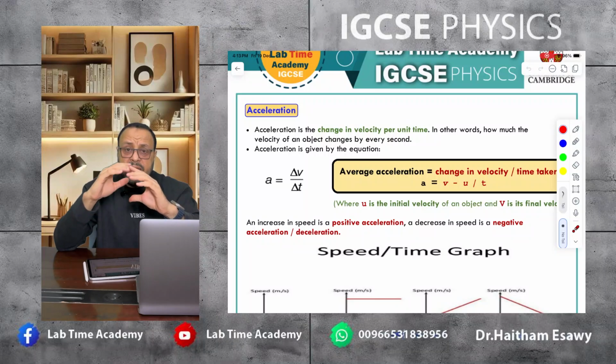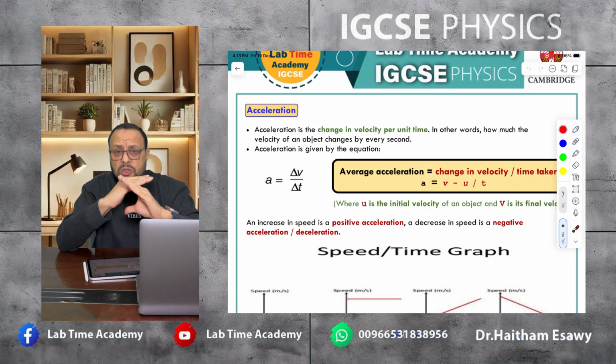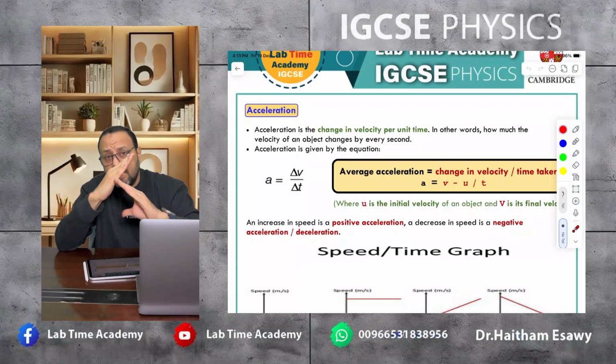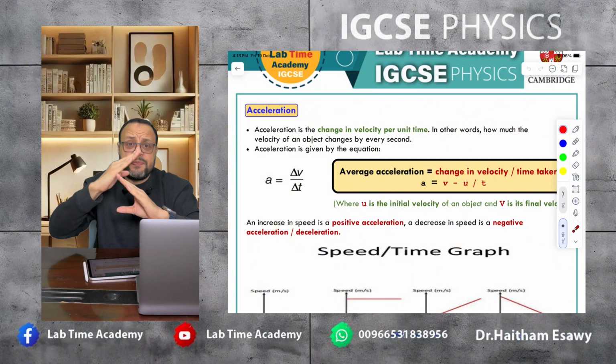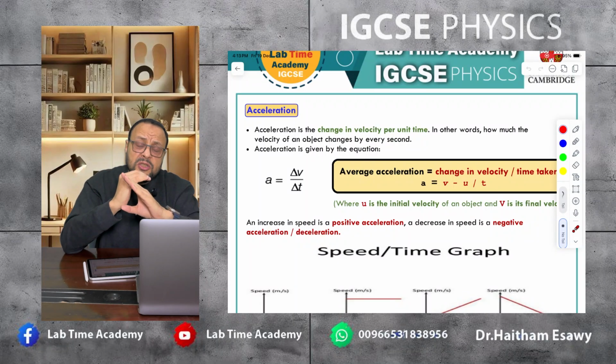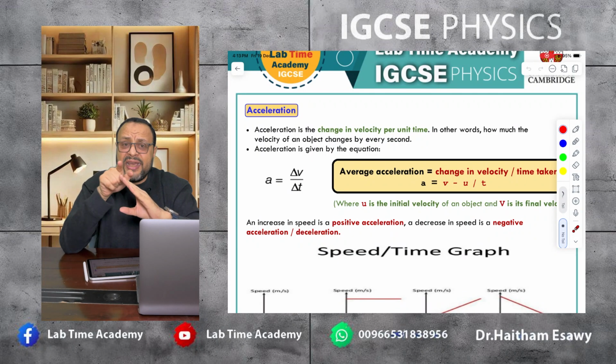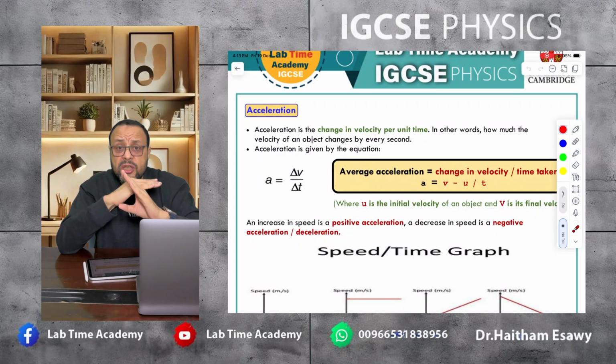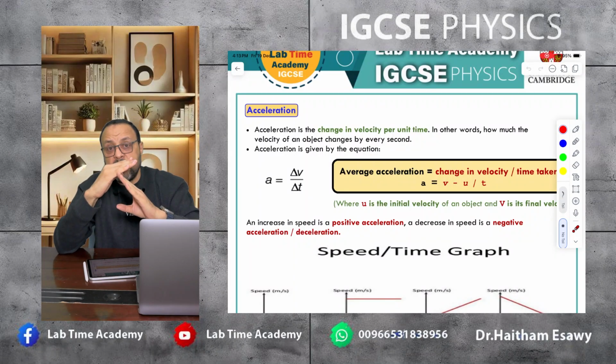For example, if the speed starts from 10 kilometers per hour and then becomes 20 and then increases to 30 kilometers per hour, we have an increase in the speed. So this change in the speed defines the meaning of acceleration. This means that the car accelerates because we have a change in velocity per unit time. So that will be the acceleration.